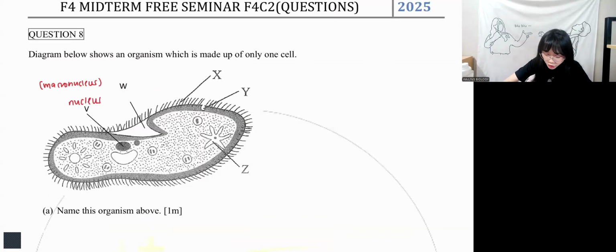It's the oral groove. Very good. This is the mouth, the oral groove. X is the hair-like structure called cilia. Very good. And then Y is the anus. Z looks like a star, like a sun. These two are the same thing, by the way. It's called contractile vacuole.